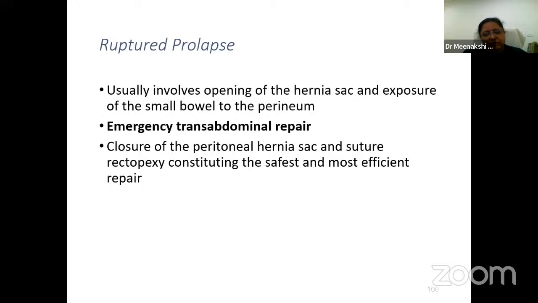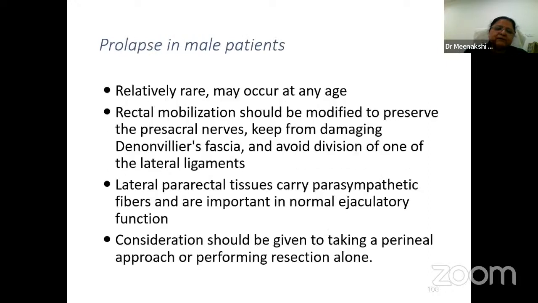So that's why we should understand the basic theories behind this prolapse. It's nothing but a type of intussusception, or a type of sliding hernia. So when you deal with such cases, you know how to repair these, how to go ahead with the definitive operative management in such cases.